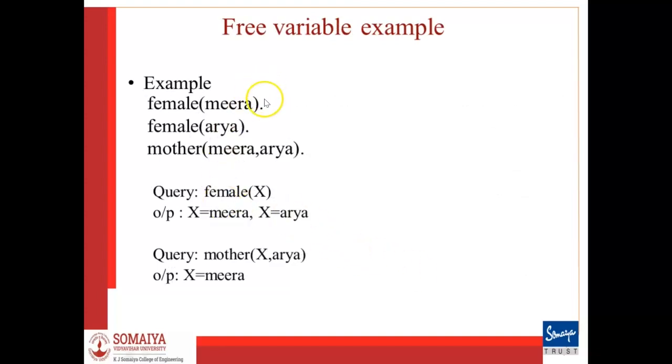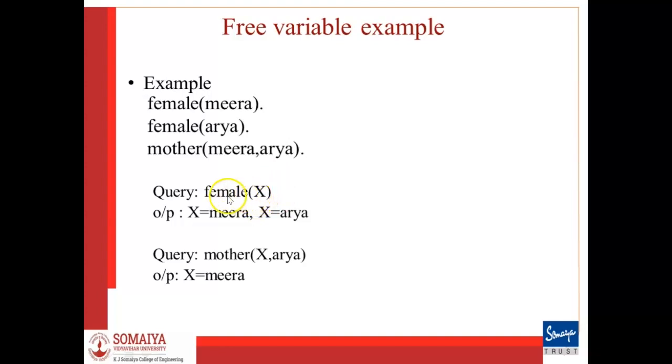So here are some examples of free variables. This is a program which contains three facts, no rules as of now. Meera is a female, Arya is a female, and Meera is mother of Arya. If I execute the program with a query female(X), where X is capital, that means it's a variable.